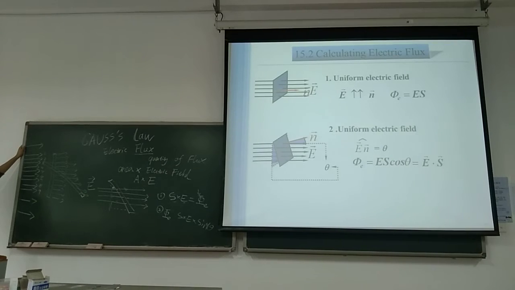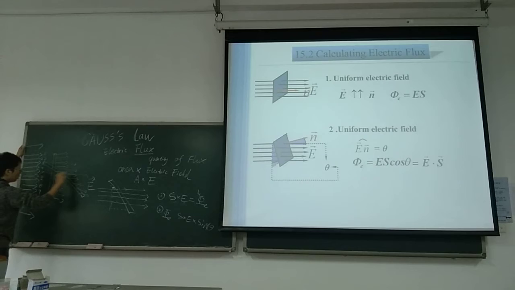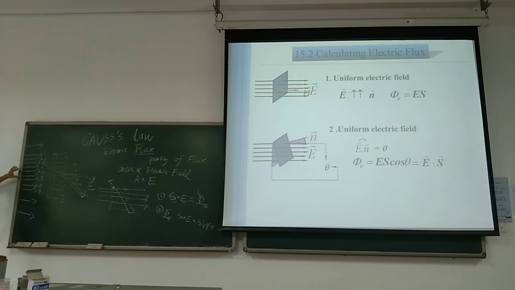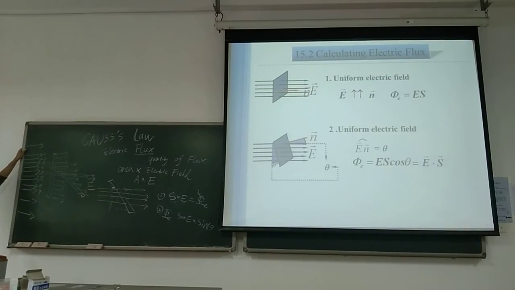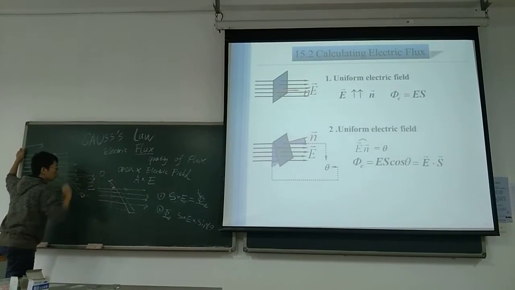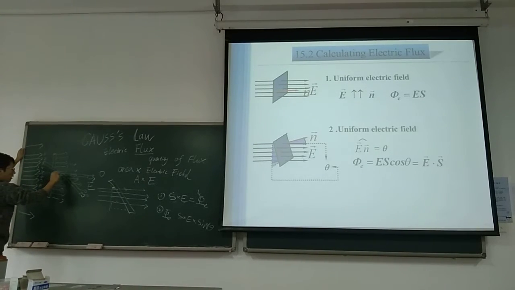In a special situation, when that disk is turned parallel to the electric field, the quantity of flux that penetrates it will become 0. That is the situation of sin theta equals 0. Sin 0 equals 0.